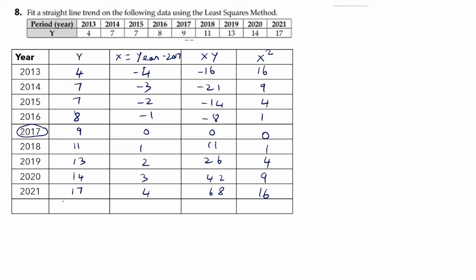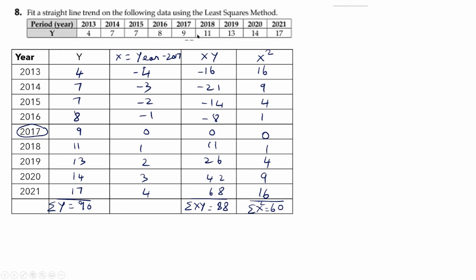Now let us find the summation of all these. The sum of all these, summation y, when we add all these we get 90, and then summation xy is equal to 88, and next we have summation x square. This when we add we get it as 60.